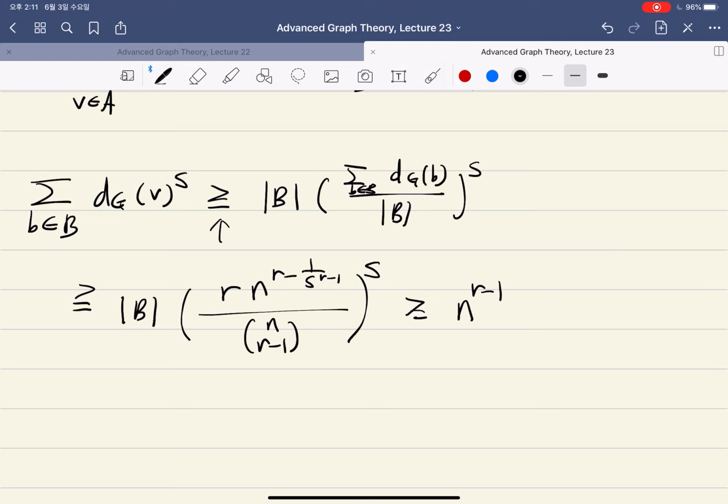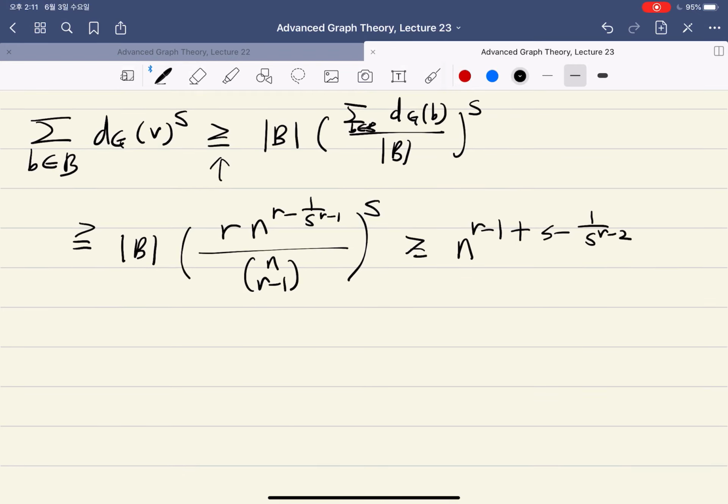times, plus, say, s minus 1 over s to the r minus 2. Because n to the r minus 1 over s to the r minus 1 minus r plus 1 is what is inside.